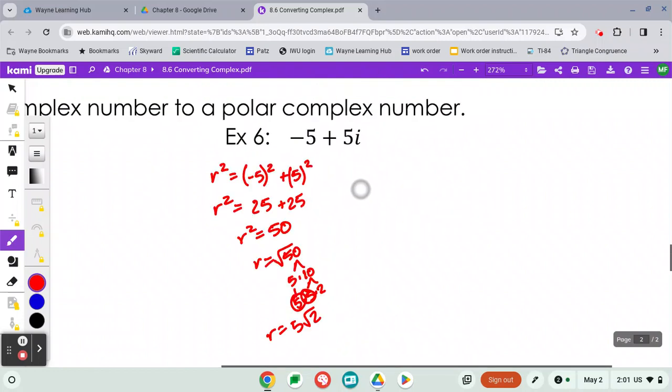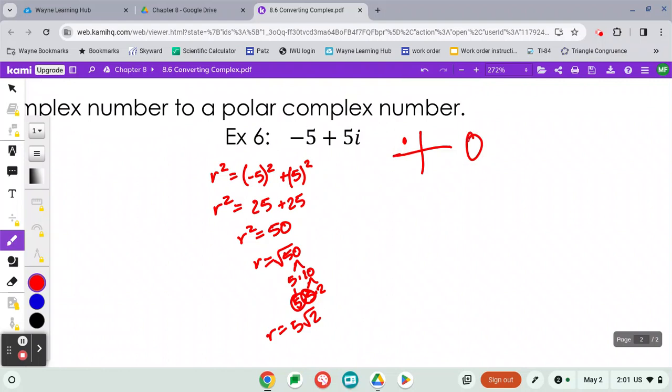Now we go, and it was negative positive, so this one is in quadrant 2. So just remember that when you're doing our inverse tan. So now we're saying, where is the tangent equal to y over x? So 5 over negative 5. That simplifies to where is the tangent equal to negative 1. And it occurs at 2 spots, but one's in quadrant 2, one's in quadrant 4.